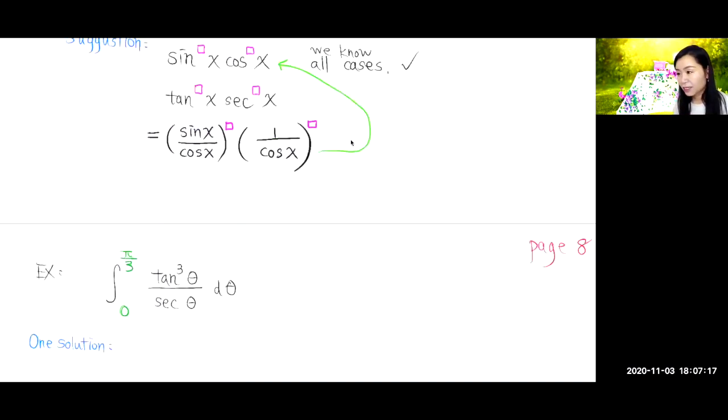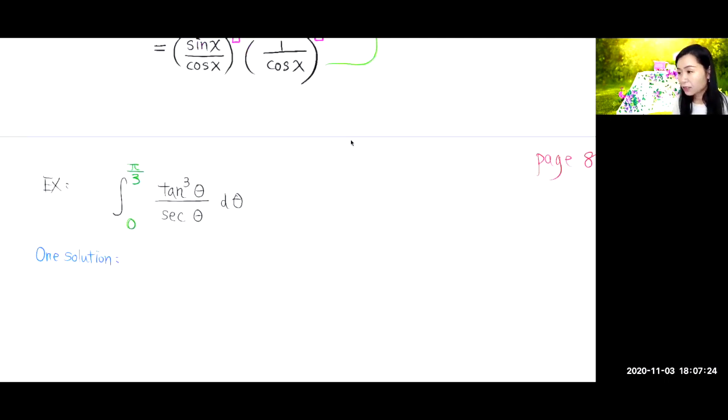Now let's look at this example over here. I'm going to go over two different ways to do this. The first way is to relate this to sine theta and cosine theta. Secant is sine over cosine, so that's sine theta over cosine theta to the third power.